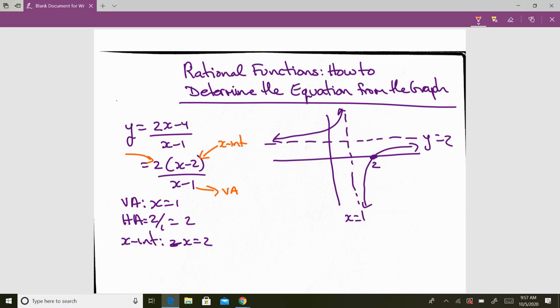And what did that tell us? I guess I could point at both leading coefficients, but what did they tell us? Horizontal asymptote. Okay. If you know what the graph is, and you know the vertical asymptote, horizontal asymptote, and the x-intercept, you can work backwards and create all of that. Okay?